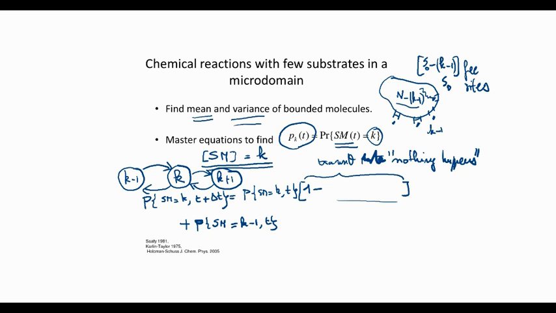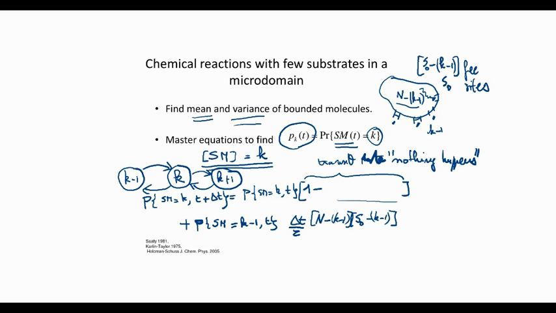So the rate is delta t divided by tau, or let's say this is the mean first passage time. And now we need to take one of these n minus k minus 1 molecules, multiply by the number of free sites, which is S0 minus k minus 1.